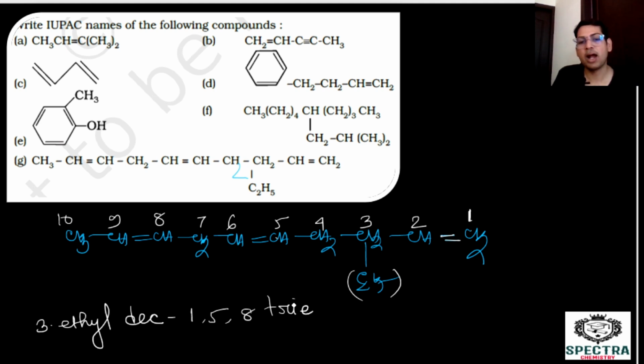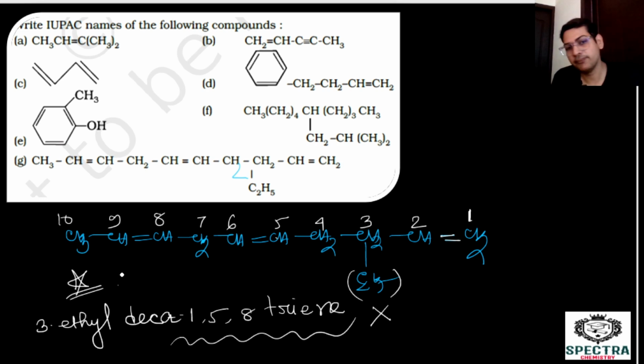Dec-1,5,8-triene. Is this right? No. Because you are having multiple double bonds, and whenever you have multiple double bonds, you have to add an E here. So it will be 3-ethyldeca-1,5,8-triene, and that will be your answer.